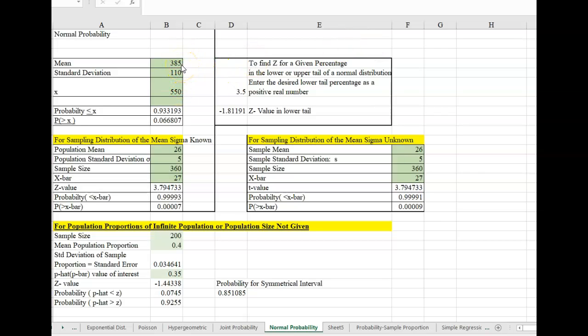Entering in these values, 385 for the mean, 110 for the standard deviation, and the x value of 550 gives us, in this case, the tool actually tells you the probability of a value greater than the x value, which is 0.0668 to 4 decimal places.